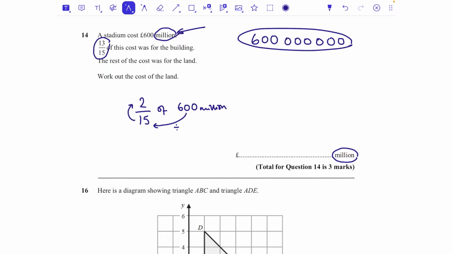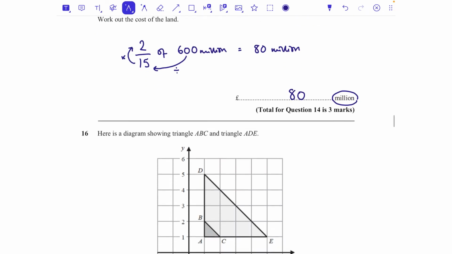And then we're going to take that 40 and multiply it by 2, and that would be 80, and that's still in million. So if you did it the other way, you'd get 520 million. If you worked out 13/15, you'd then just have to subtract it. But it's easier to go straight to 80 million. If 13/15 was for the building, then 2/15, to make 15/15, to make a whole, would be for the land. There we go, 80 million for that one.